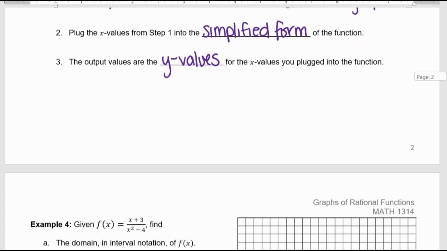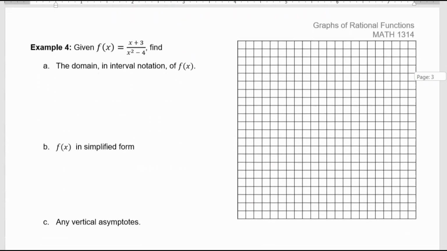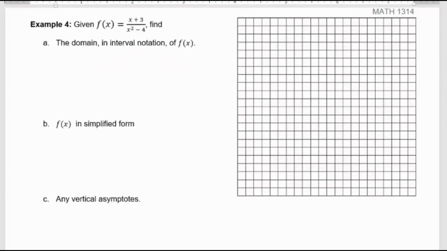Let's try it out. So we are looking at our rational function, f of x equal to x plus 3 all over x squared minus 4. We need to find the domain in interval notation. Remember, to find the domain, we take our denominator, set it equal to 0.